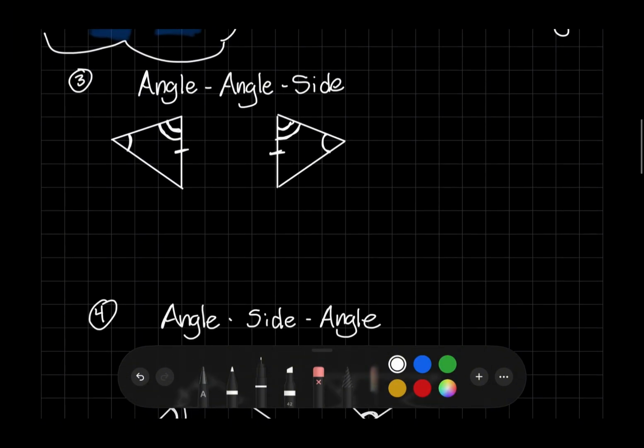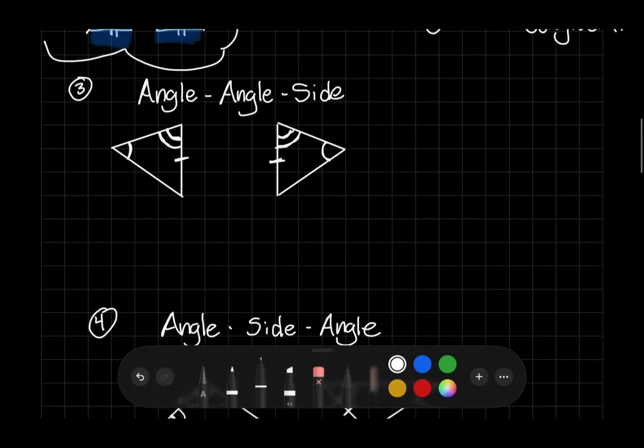Angle, angle, side. Now we have two angles here and one side. Let's look. All right, I have one rainbow here. Cool. And here's my second rainbow. Awesome. Okay. Angle. Here is two rainbows.